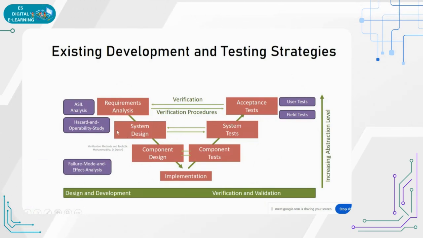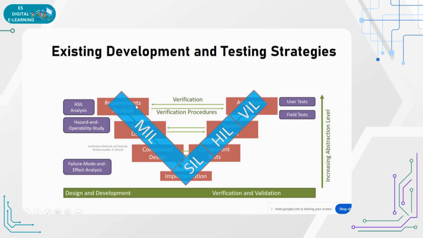Whatever the model we say, the first phase, requirement analysis and system design, will be covered as part of model in loop. Then the software is ready, the implementation is ready, and hardware in loop and vehicle in loop take place. This is the activity, to make sure of the order: model in loop, software in loop, hardware in loop, and vehicle in loop.